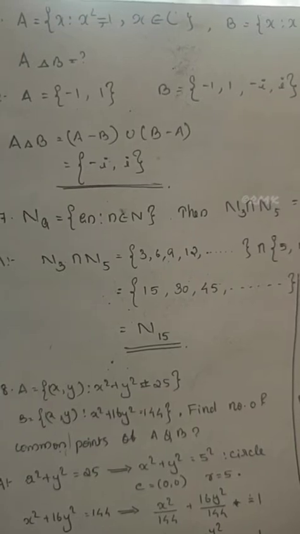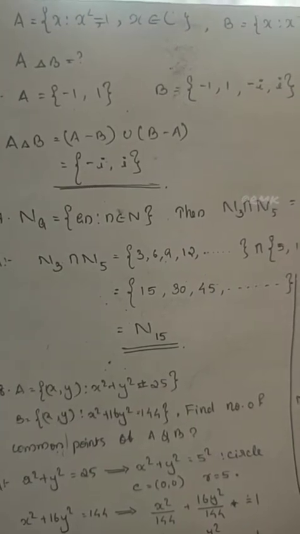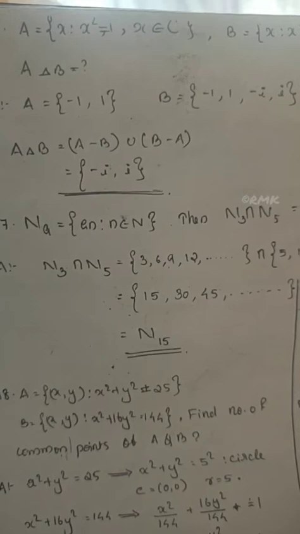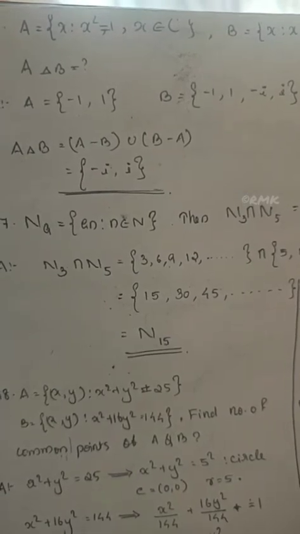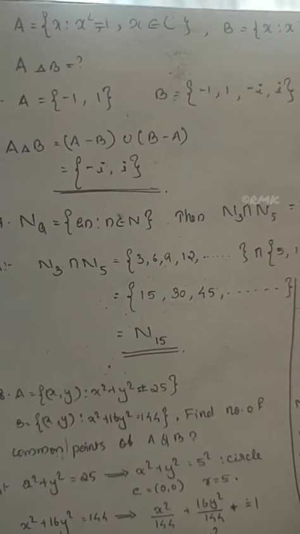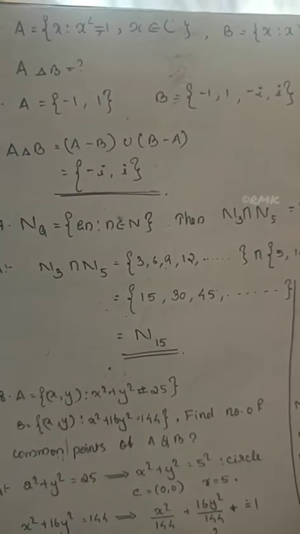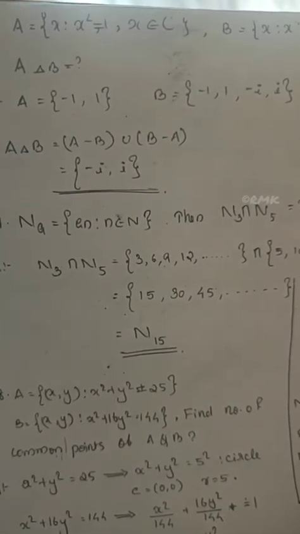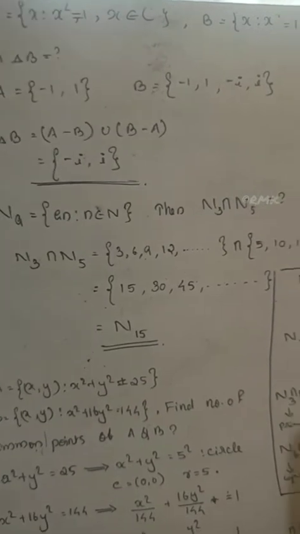A is the set {minus 1, 1}, because minus 1 square is 1 and 1 square is 1. Those two complex numbers hold the statement x square is equal to 1. So set A is minus 1 and 1.